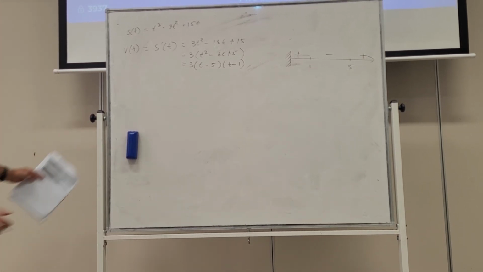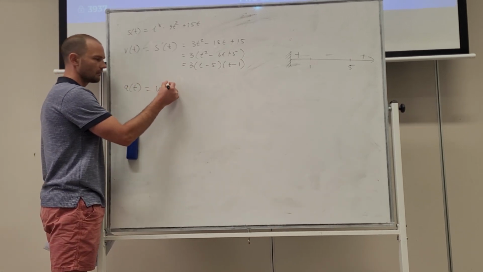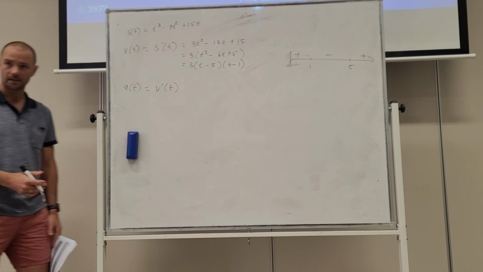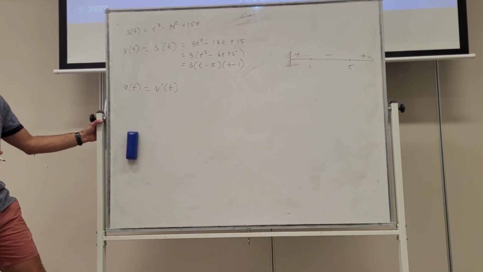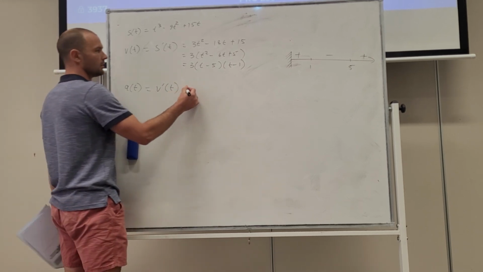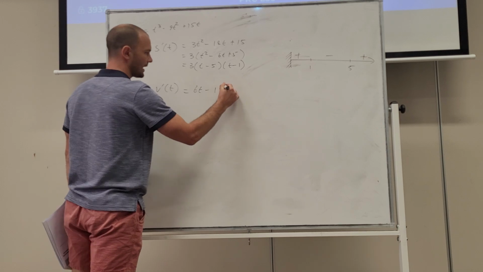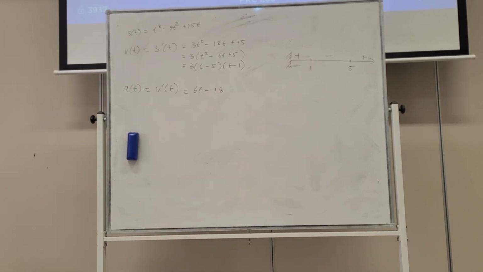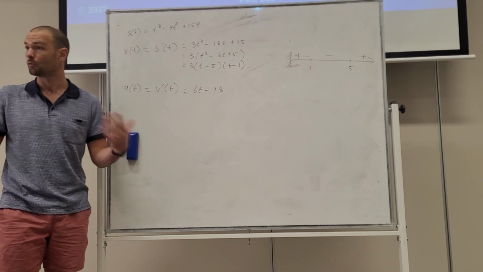Let's draw the sign diagram of the acceleration function. Acceleration is the derivative of velocity, the second derivative. If you get a root that's negative, we don't put it on the sign diagram. When we differentiate this function, we'll have 6t take away 18. This is the equation of a line, and we can see its root would be 3.